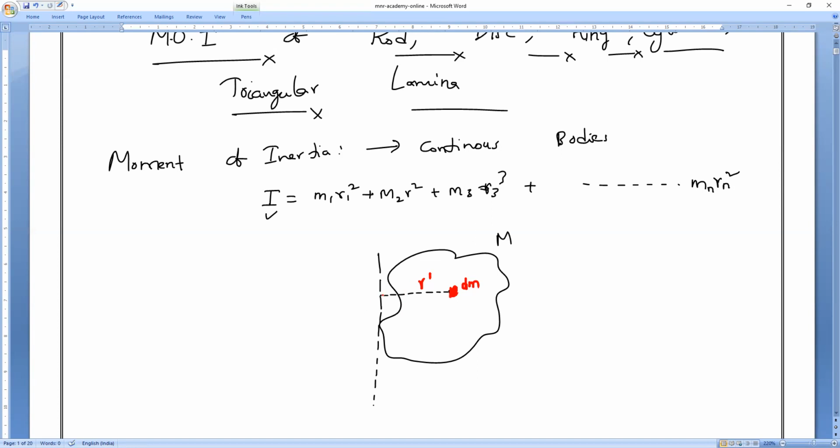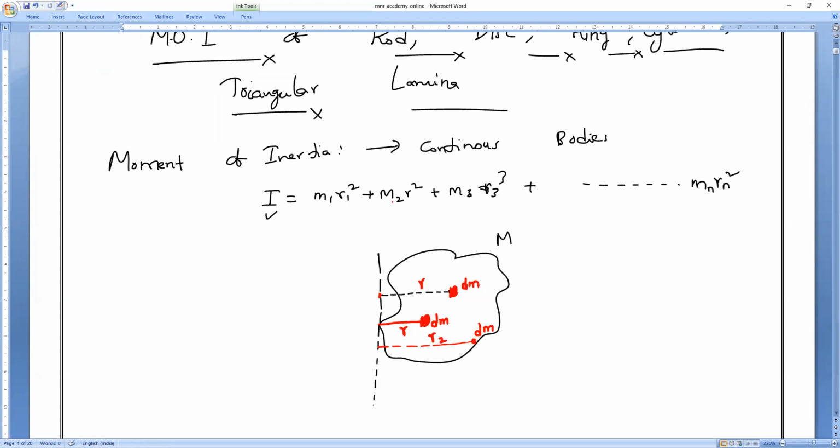Let me take that from the axis of rotation the distance is r1. Or some other particle at some other distance, whose mass is also dm, at distance r. Or some other particle, again of mass dm, at distance r2. This is r1, and that one is r2. Like this I am taking individual particles.